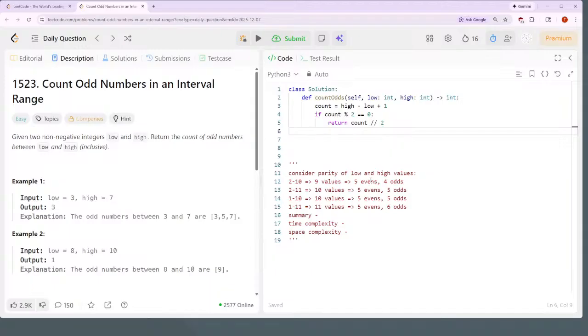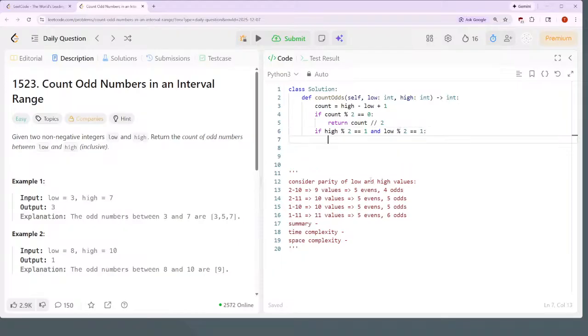So actually, okay, the kind of straightforward way of doing this would be: if high is odd, high mod 2 equals 1, and low is odd, low mod 2 equals 1, return count divided by 2 plus 1.